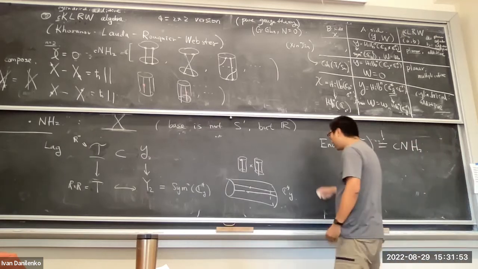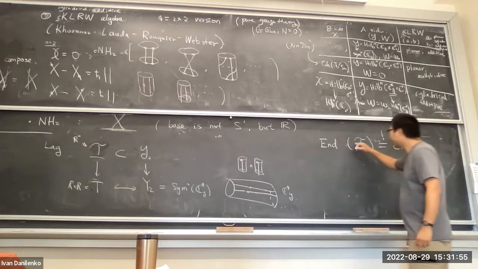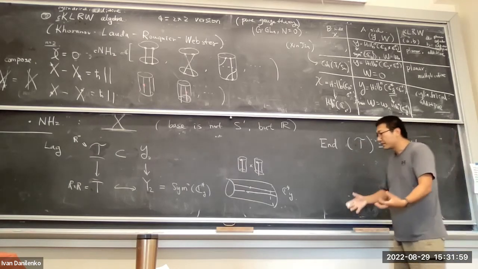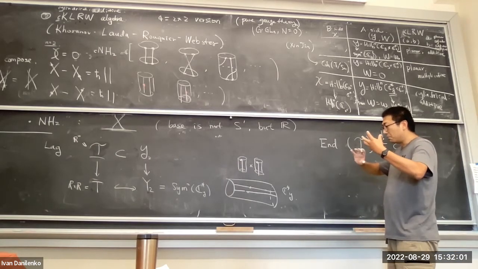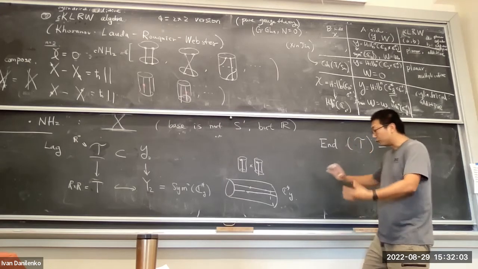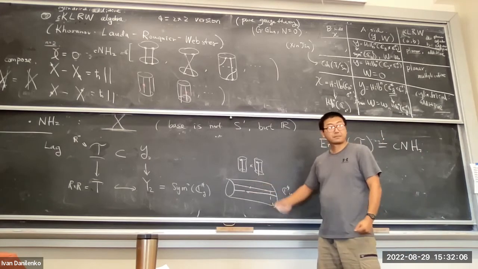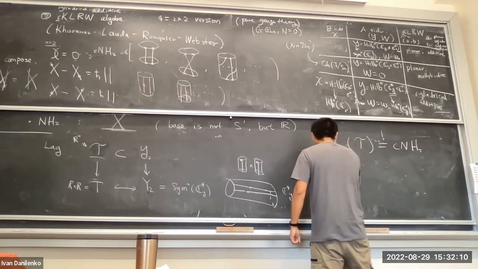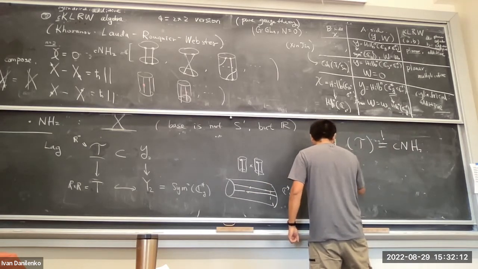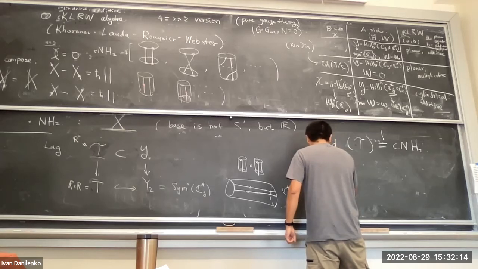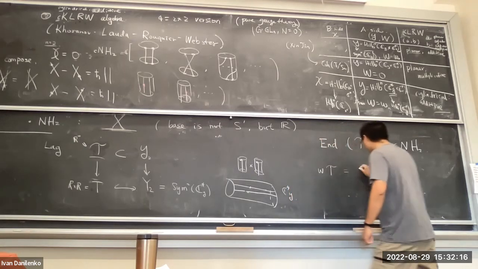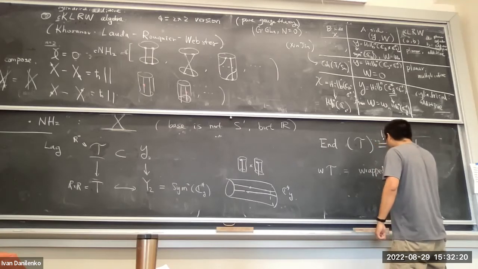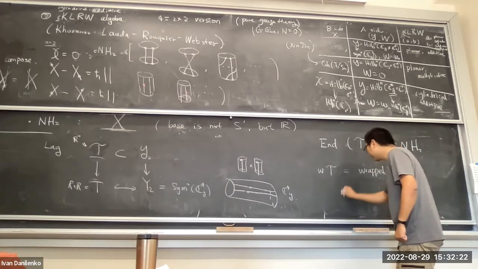So how do we compute the endomorphism of this Lagrangian? We're going to wrap it in the base and fiber directions. So if I wrap my T, what does it look like?